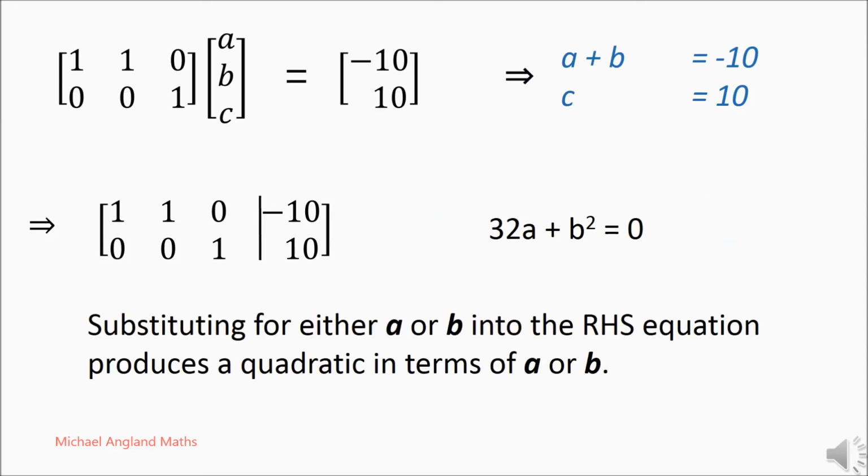So the next thing to see is that if I substitute for a or for b into the right-hand side equation there, 32a plus b squared, I will end up with a quadratic in terms of either b or a. And then when I factor that, I will get my values of either b or a. And once I have the b value, I can find the a value. Or once I have the a value, I can find the b value.